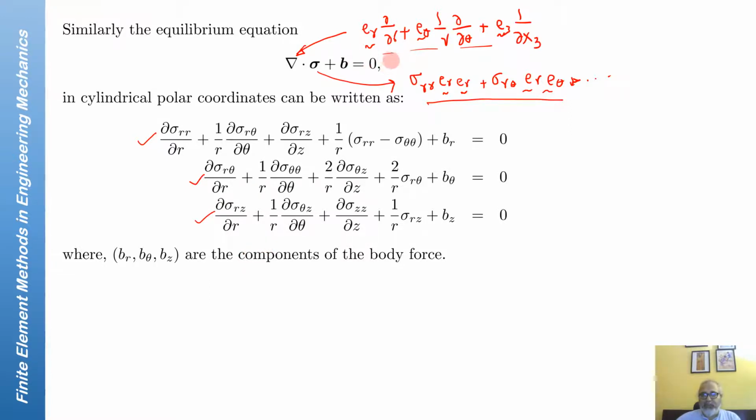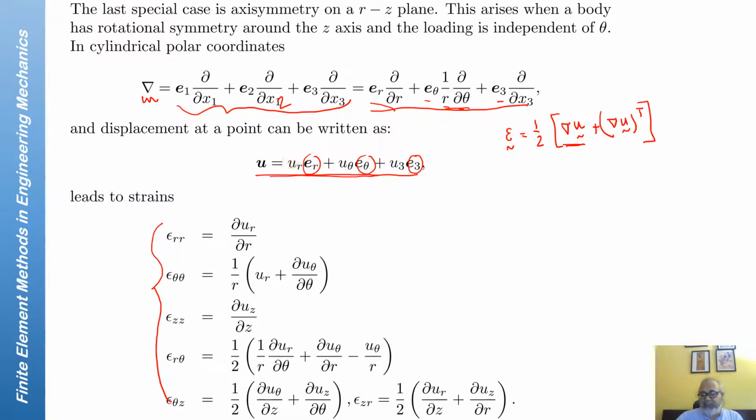The point to note is that the vectorial or tensorial physical law remains the same; only its components in the Cartesian system behave differently than its components in the cylindrical polar coordinate system. The actual equation remains the same. So this is just a re-description of this equation. These are the equations of equilibrium, and these are the strain displacement relationships.